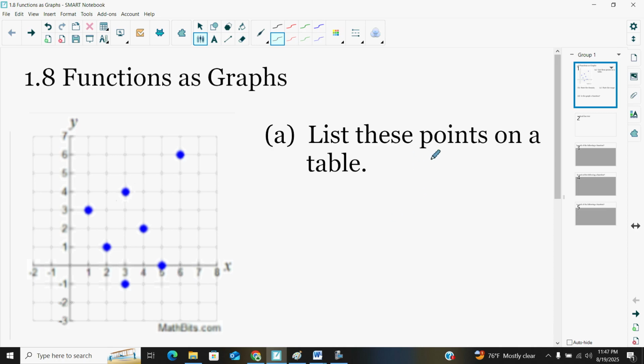All right, so part A, list these points on a table. So we're going to make a nice big XY chart, and we're going to list the points. So this point right here has an X of 1 and a Y of 3. 1, 3. We did that one, so I'm going to cross it out. 2, 1.